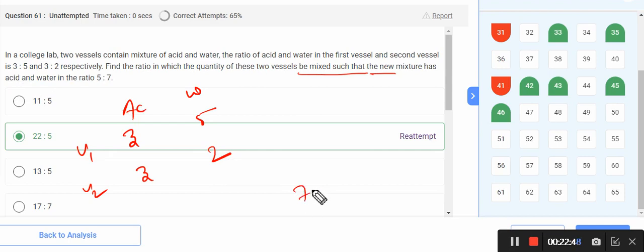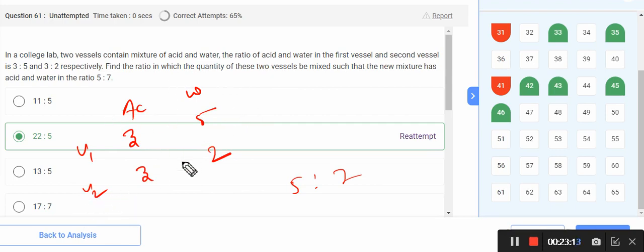So the final ratio becomes, after taking out some mixture from vessel 1, some mixture from vessel 2, and adding them, the mixture becomes 5:7 in total, right? Suppose we have taken out a mixture from vessel 1 or vessel 2, their original composition will remain the same.